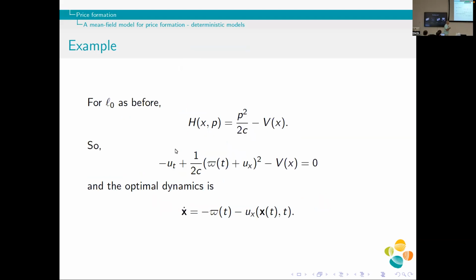Now, for example, just for concreteness, if we take a quadratic Hamiltonian, then we end up with a quadratic Hamilton-Jacobi equation naturally, and we have an optimal dynamics in feedback form. The nice thing about quadratic Hamilton-Jacobi equations is that they actually admit explicit solutions.